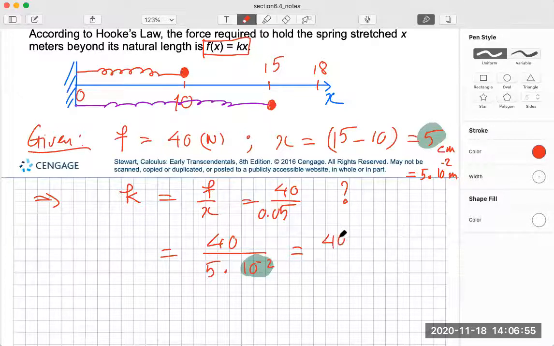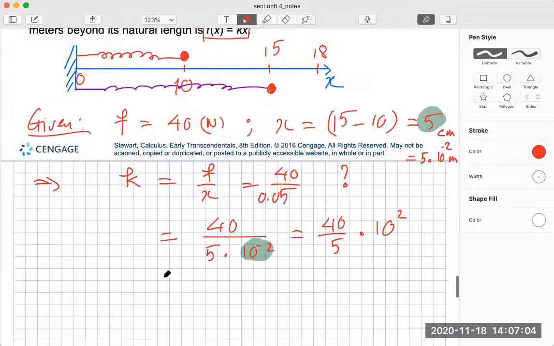And this is 40 divided by 5 times 10 to the 2, right? 40 divided by 5 gives us 8. And 10 squared gives us 800. Okay, that is the K. Or you can simply use your calculator.